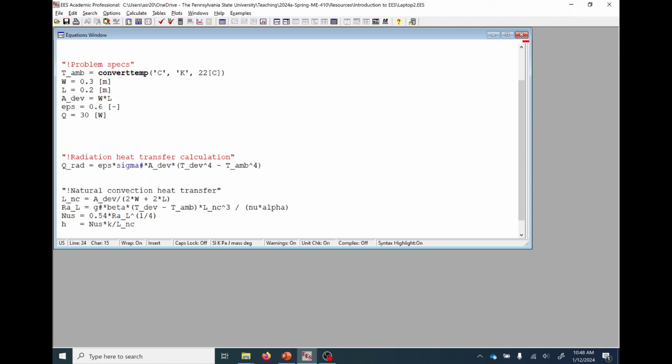So don't worry too much about what those material properties are, although maybe you should be familiar with the kinematic viscosity. So we're going to need to look up a few properties before we can do this calculation.